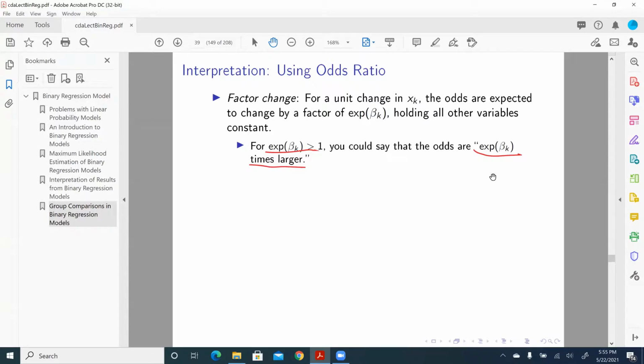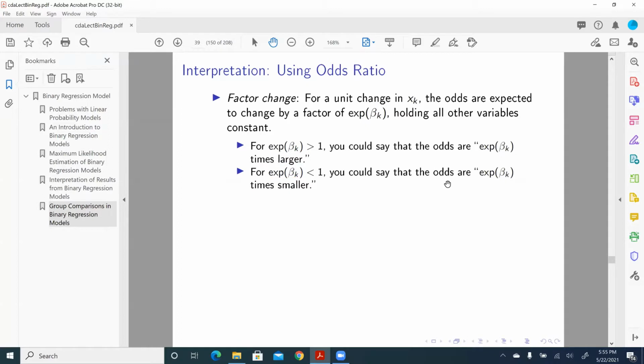Sometimes it can cause confusion. So when that happens, you can say the odds are going to increase, at least we know it's increased by a factor of 1.5, as opposed to saying times larger. When we say 1.5 times larger, sometimes people get confused because they don't know whether that's a factor of 2.5 or 1.5.